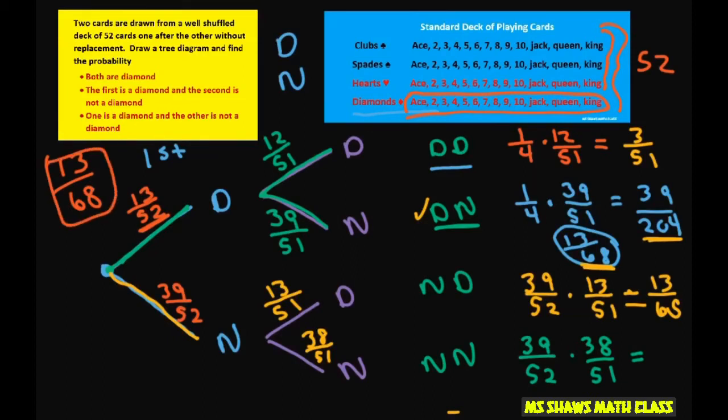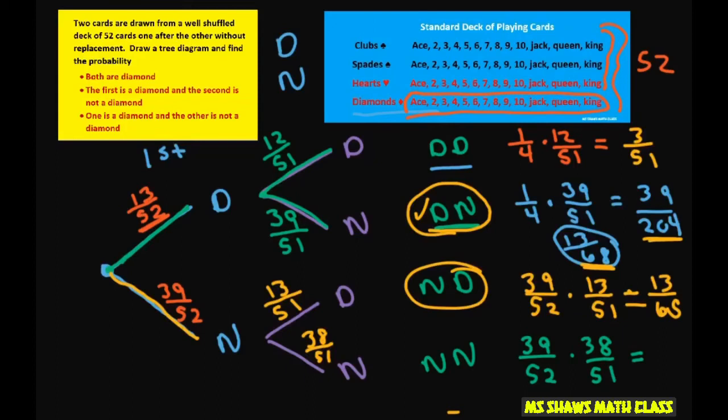All right. Now let's do the last one. So the last one is one is a diamond and the other is not. So that is both of these. You can either do the diamond first or the not diamond first. So you're basically multiplying 13 divided by 68, they're both 13 divided by 68.